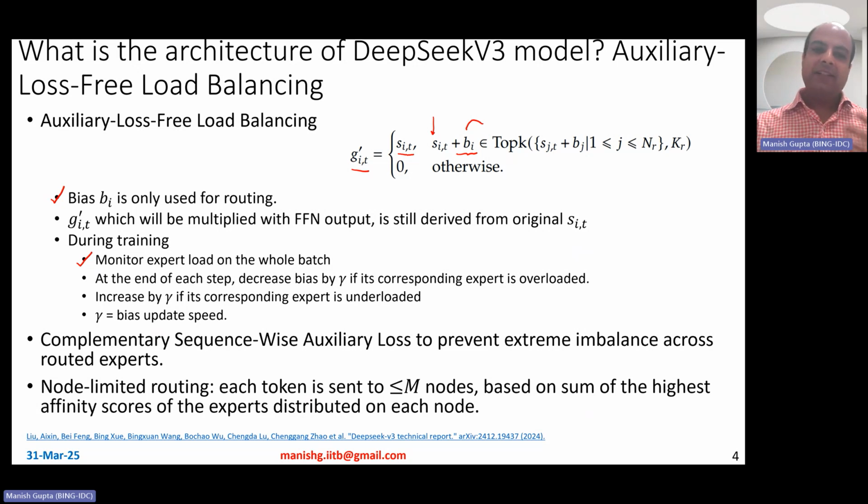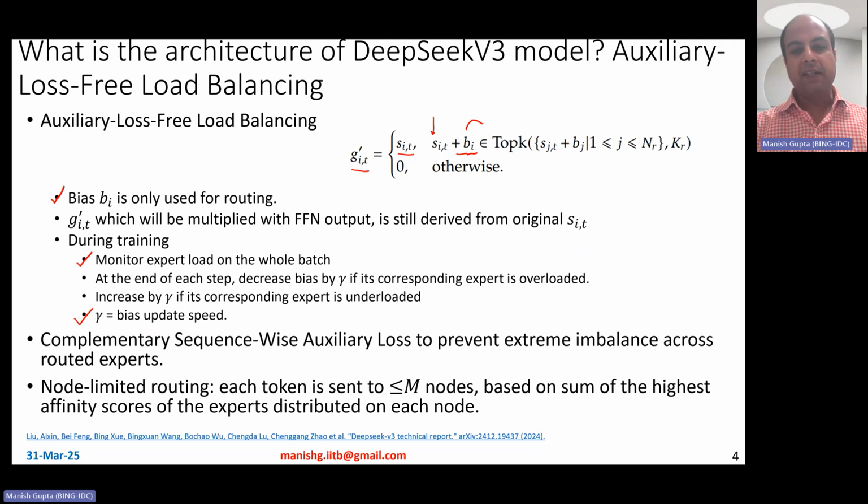So in general, you keep a watch on how loaded each expert is, and depending on that, you reduce its load in the upcoming batches. If it is underloaded, you try to increase its load artificially by moving around with this BI. Now gamma is, of course, the bias update speed, so how fast you respond to underloading or overloading, which they tuned and fixed to some value.